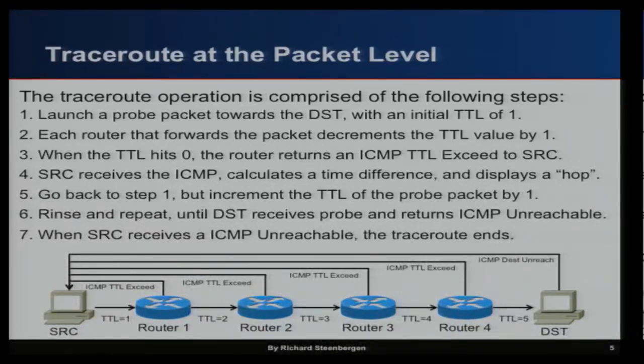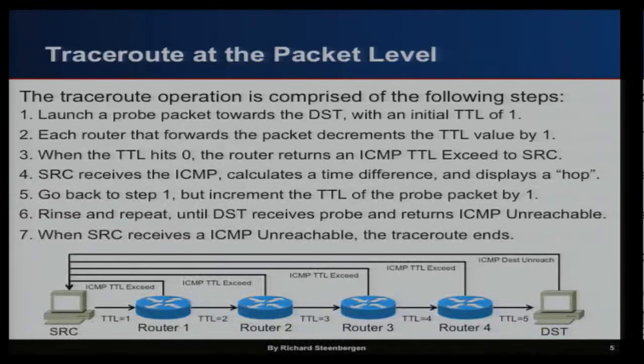Step 3, it returns the TTL exceed message back to the original sender, the source. That source receives that ICMP, and it says, I sent this thing out 50 milliseconds ago, and I just got my ICMP back, and so I've now got a measurement of 50 milliseconds. It's the round trip time for how long it took to send the probe out, how long it took to get the ICMP message back.